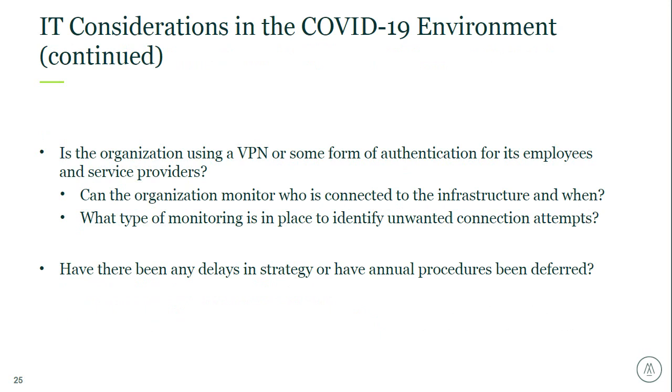Is the organization using a VPN or some other form of authentication for its employees and service providers? And is the organization able to monitor who is connected to the infrastructure and when, and what type of monitoring is in place to identify any unwanted connection attempts?